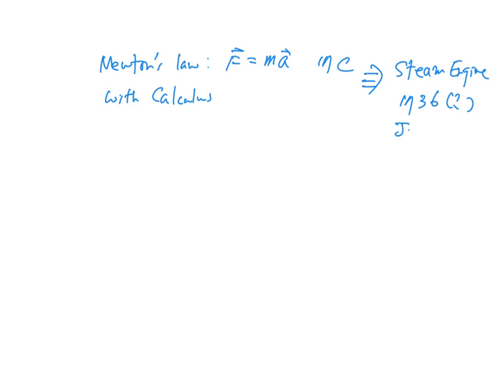James Watt, right? So after Newton formulated Newton's law, the major industrial revolution started. So the industrial revolution, 산업혁명, is actually the result of the discovery of Newton's law and calculus.